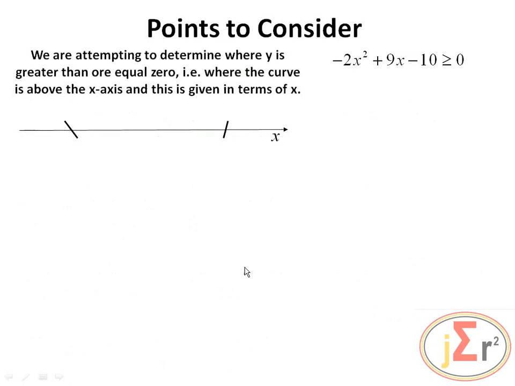We are attempting to determine where y is greater than or equal to 0, that is, where the curve is above the x-axis, and this is given in terms of x. So let us begin where y is equal to 0 by solving the equation as usual.